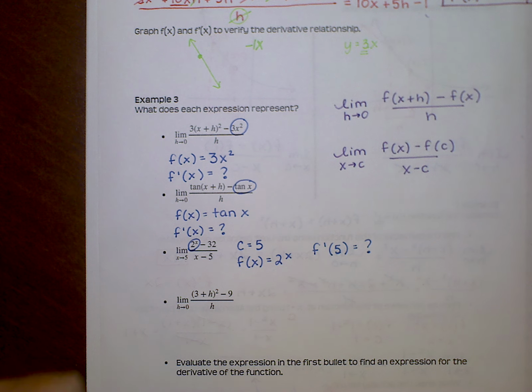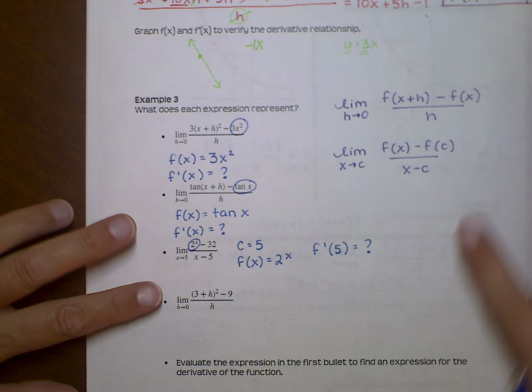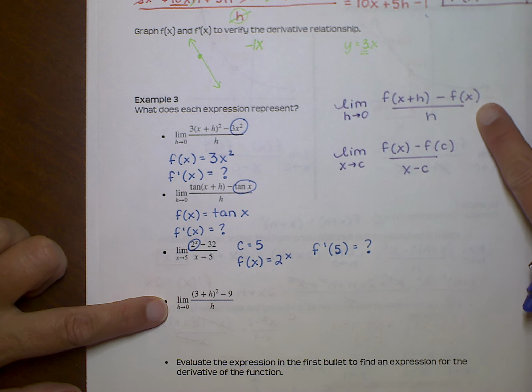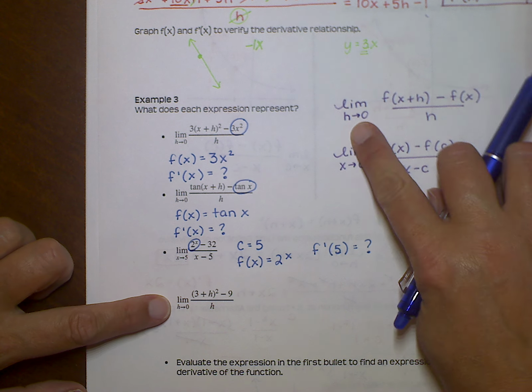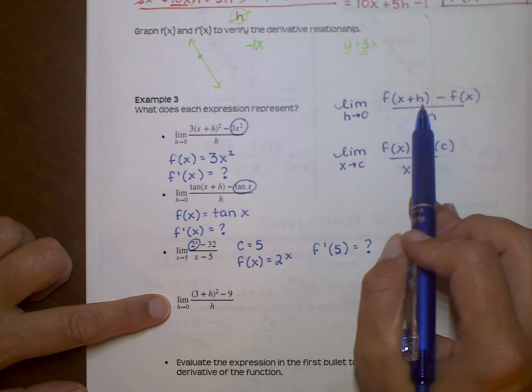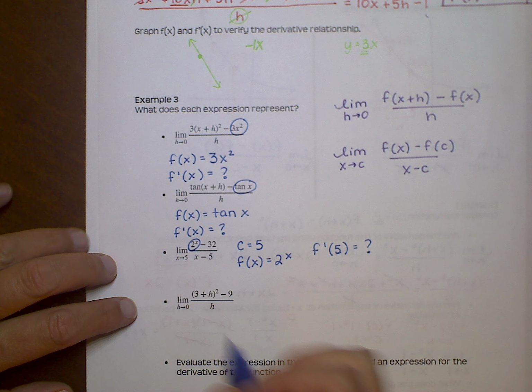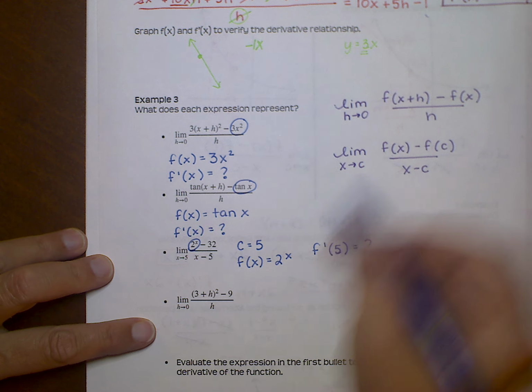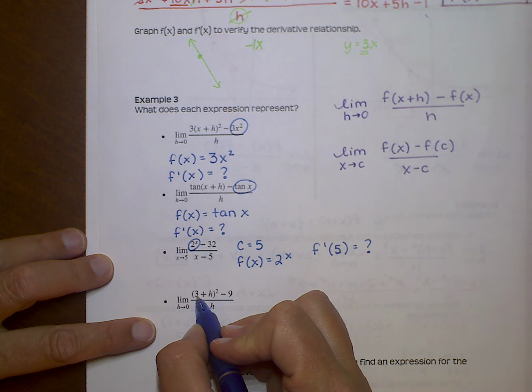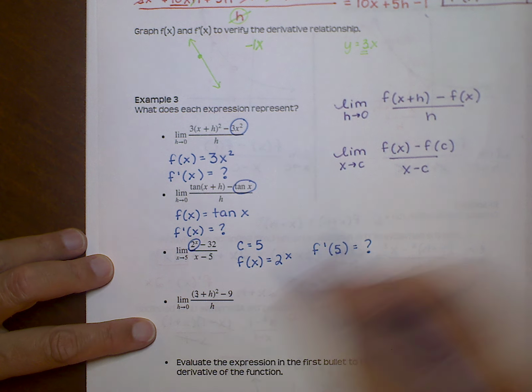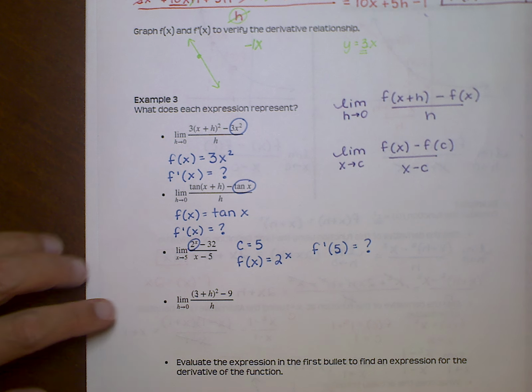Okay, this fourth one I think looks a little bit different than some of the others that you've seen. You should still recognize that it looks kind of like this guy, right? We've got h approaching 0. I'm seeing a plus h in here. But the weird thing that has happened is that instead of an x, I have a 3, right? And here I also have a number where I'm supposed to have my f of x, okay?